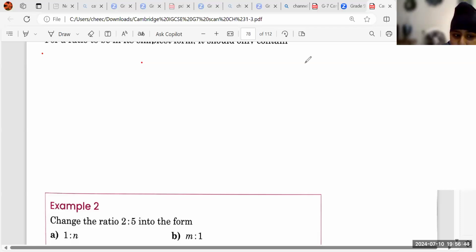Yes. Sir, the second term in the A part can be in fraction or decimal. Yes.